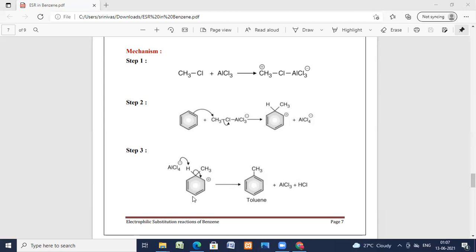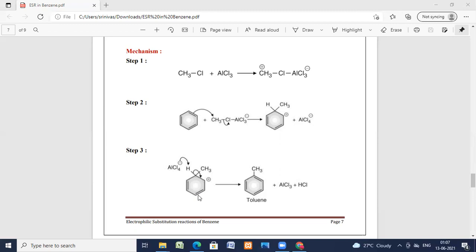Now, the third resonance structure. The positive charge is at the para position. The pi electrons shift towards the positive charge at the para position, this carbon gets a negative charge and this carbon gets a positive charge. The bond is broken, and the negative and positive charges form a bond in between.